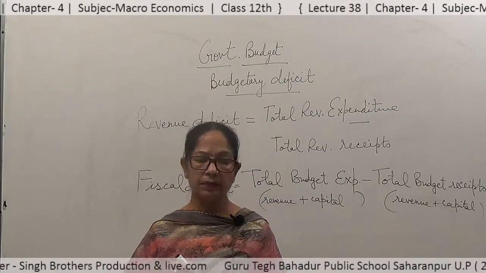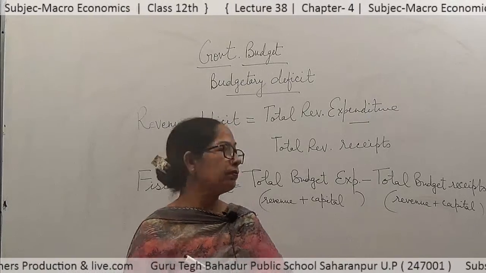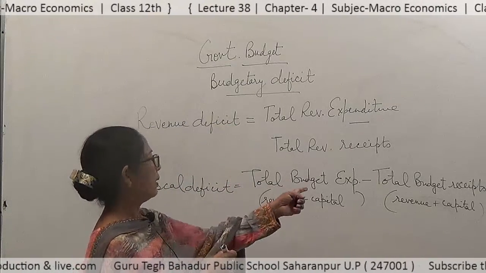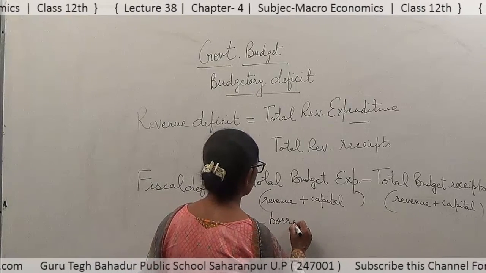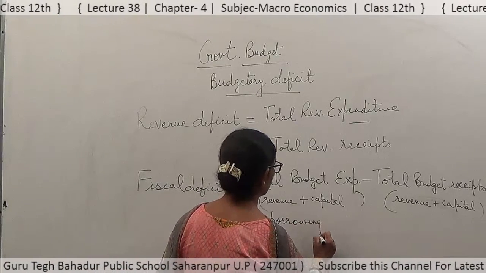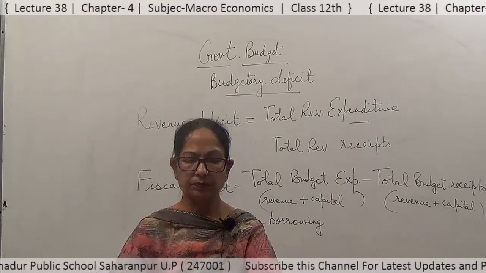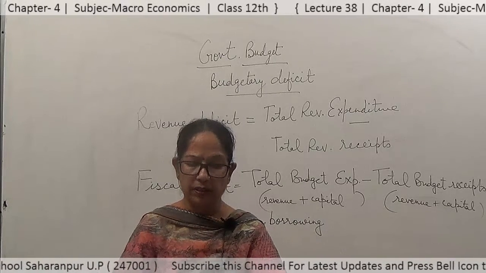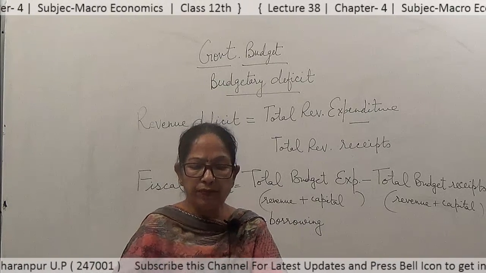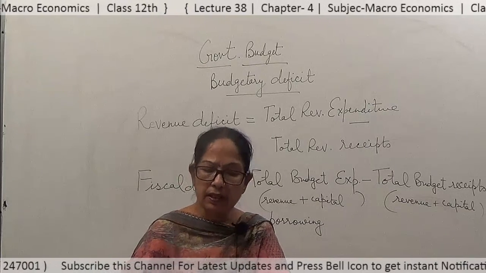So, fiscal deficit is equal to total expenditure minus total receipts minus borrowing. So, it is exactly equal to borrowings. So, if we add borrowing in total receipts, fiscal deficit is 0.